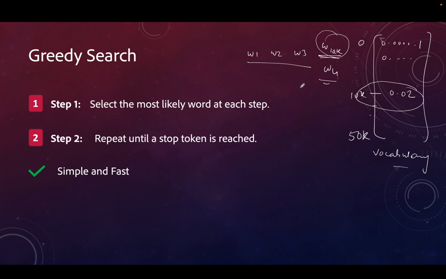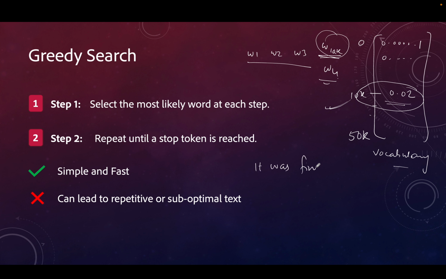One benefit is that it's very simple. It's very natural that you have 50,000 probabilities and you pick the highest probability. This is simple, this is fast, but it may lead to repetitive and suboptimal text. As we discussed, let's say we have a text like, it was a fine sunny, and then we want the model to complete the rest.